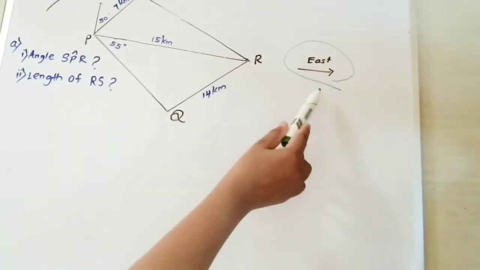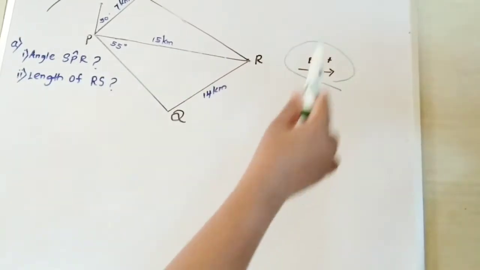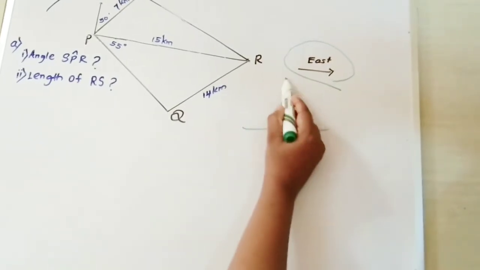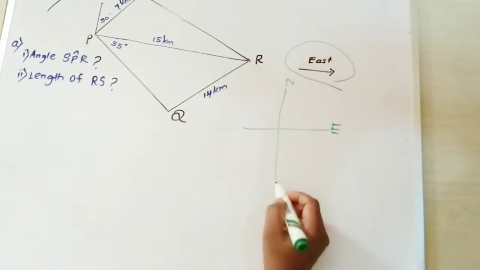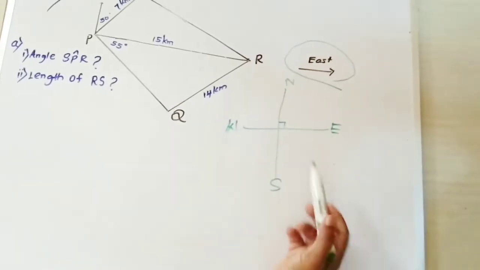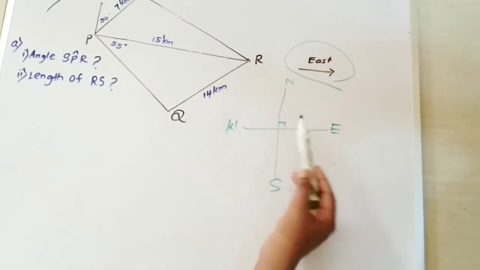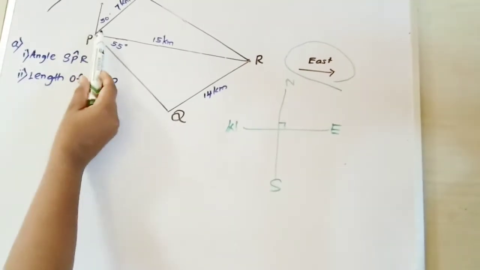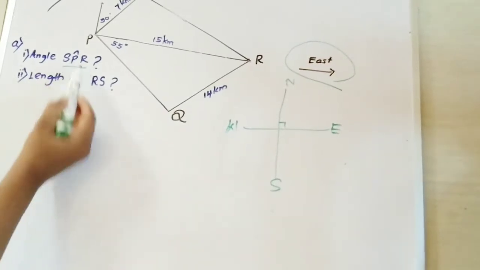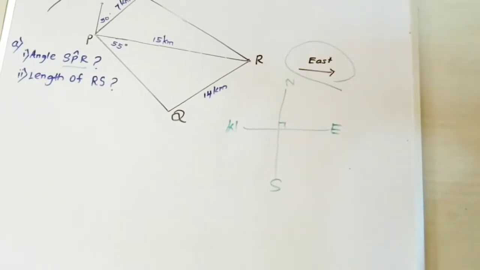The angle between north direction and east direction is 90. Then according to our diagram, here NPS is 30.